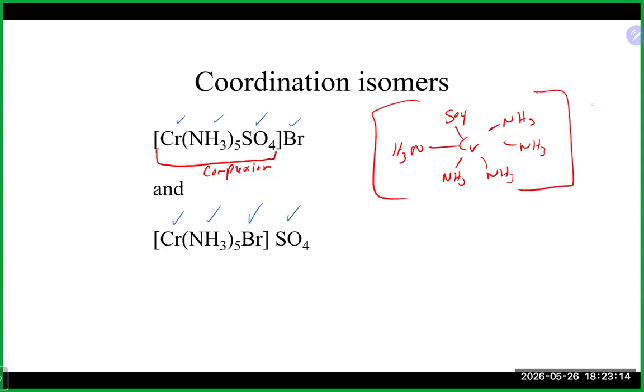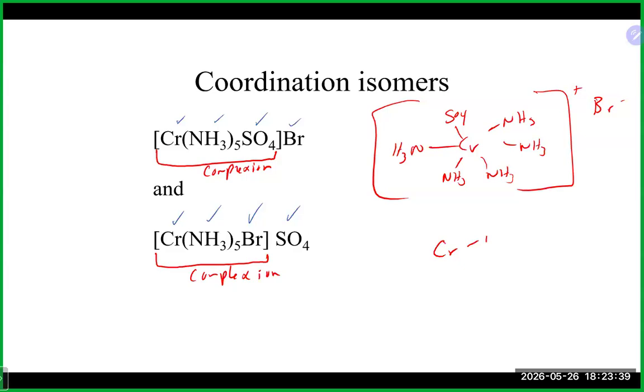And the bromine in this case is my counter ion. And what happens in the second case is this is my complex ion. In the second case, the bromine is no longer a counter ion. It's actually part of the complex ion, so it's attached to the metal in the middle.